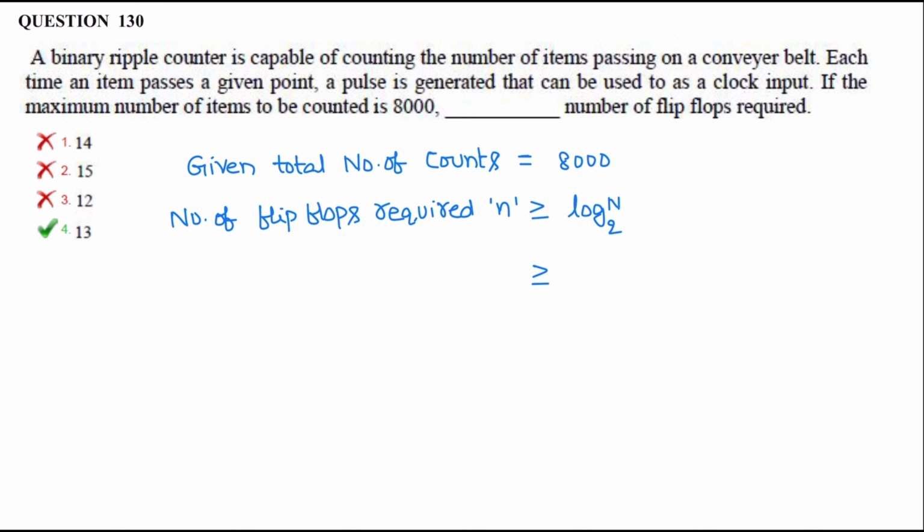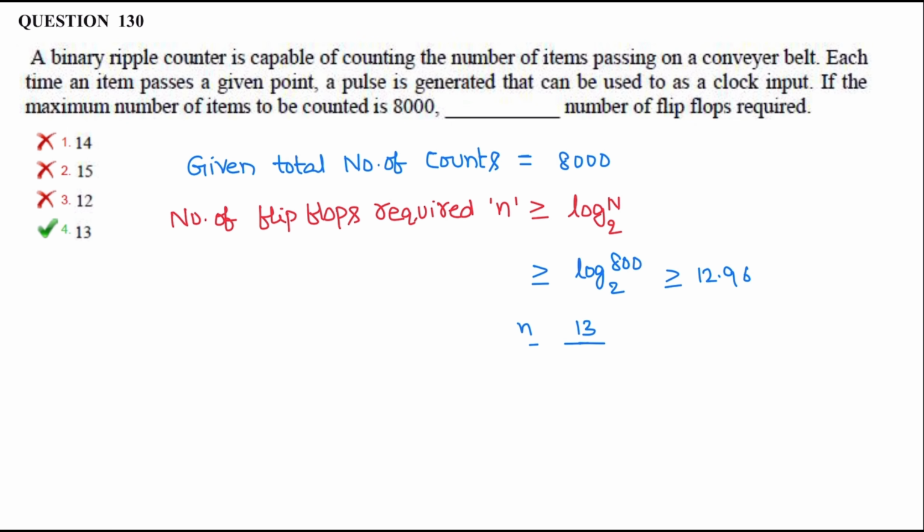So substitute log of 8000 base 2, its value is 12.96. Therefore the number of flip-flops required n is 13 flip-flops. So 13 flip-flops are required to count 8000 pulses. The correct answer is option 4.